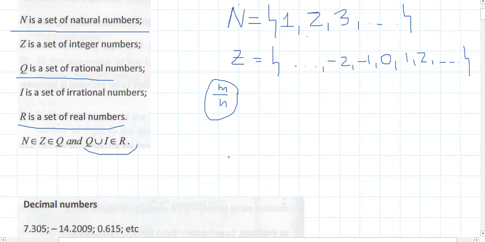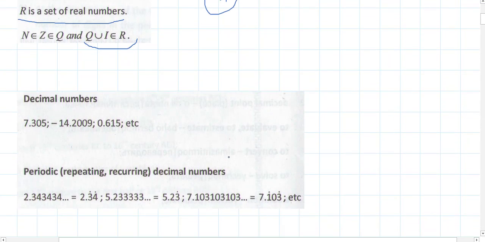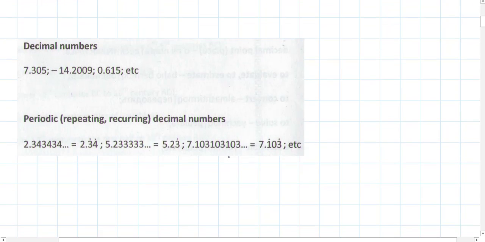Now let's move to the next section. This is decimal numbers. I think you know how to work with decimal numbers. Decimal numbers are such kind of numbers, for example, 7.305.